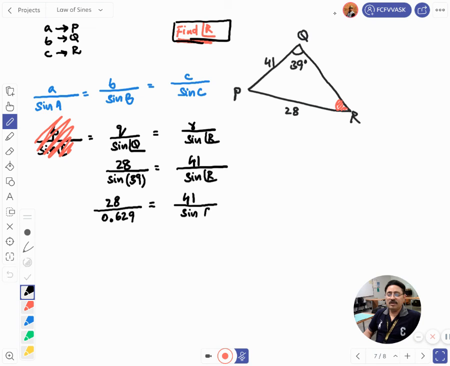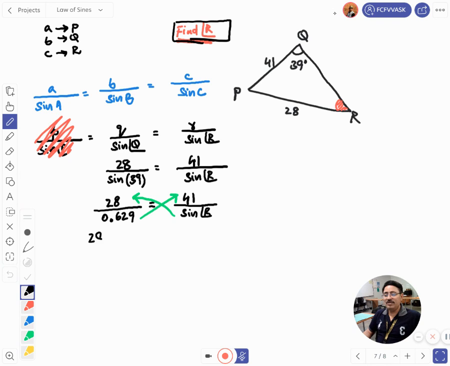If the value which you are supposed to compute is in the denominator, please go for cross multiplication.